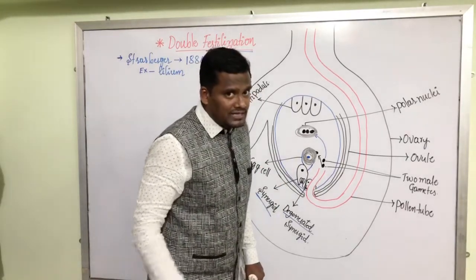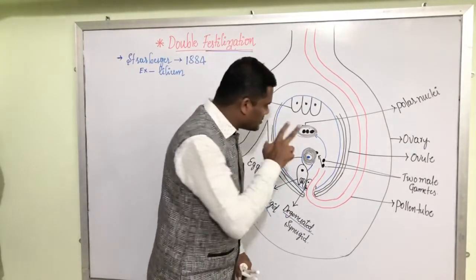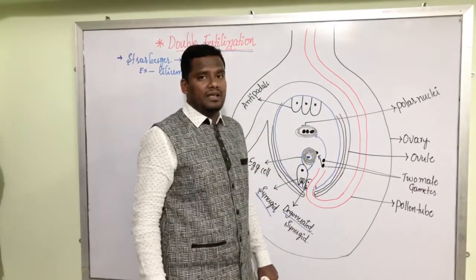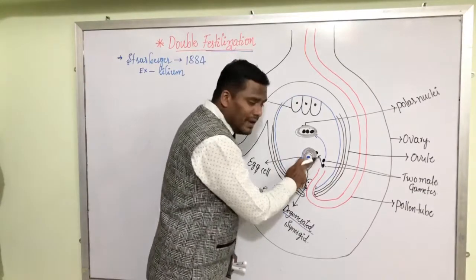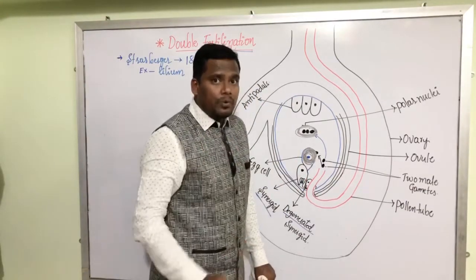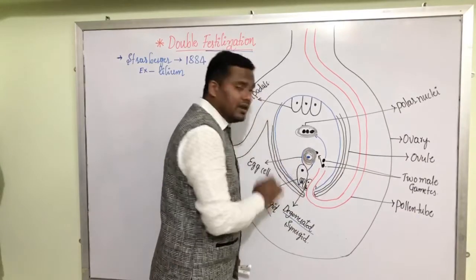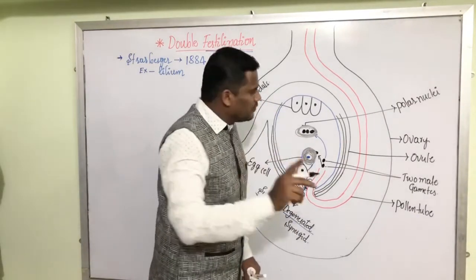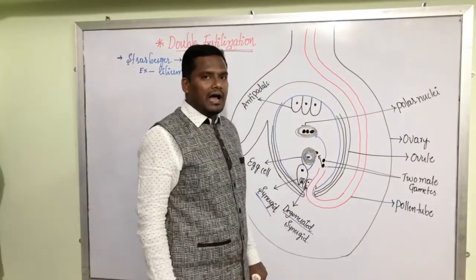I am repeating again and again to help you understand this, because it is very, very important for board and competitive exams, my dear friends. Out of two male gametes released by the pollen tube, one male gamete fuses with the egg cell, the other male gamete fuses with the polar nuclei.